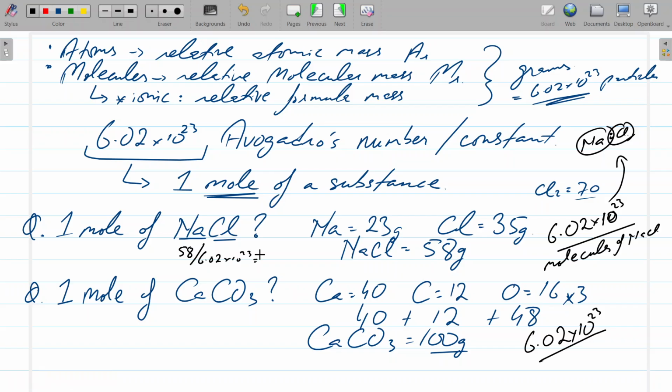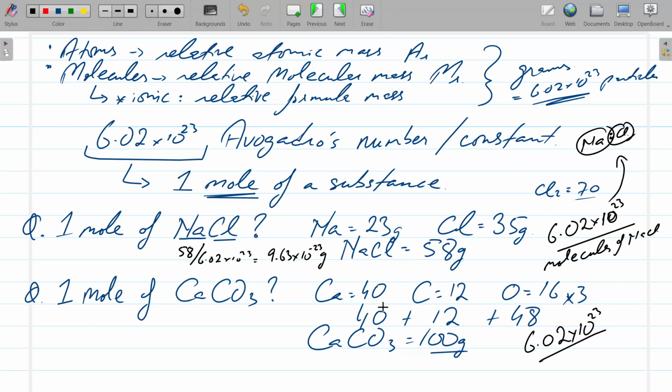So we can do 58, not 85, 58. And that gives us 9.63 into 10 to the power minus 23 grams, which makes sense.